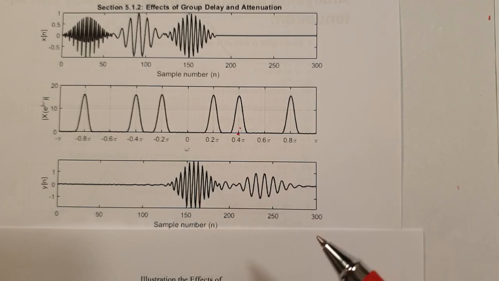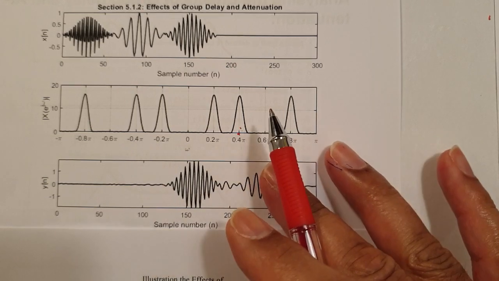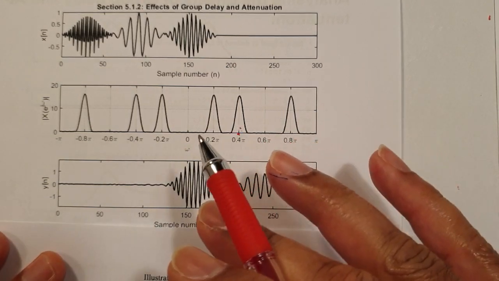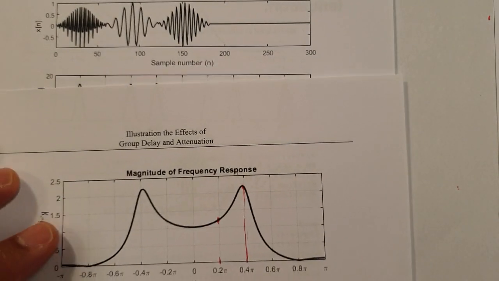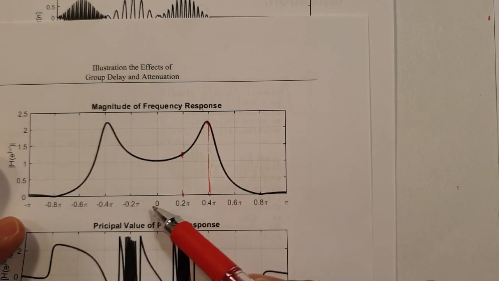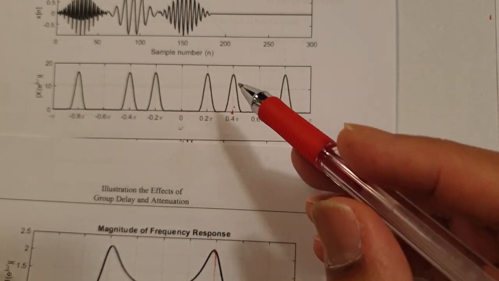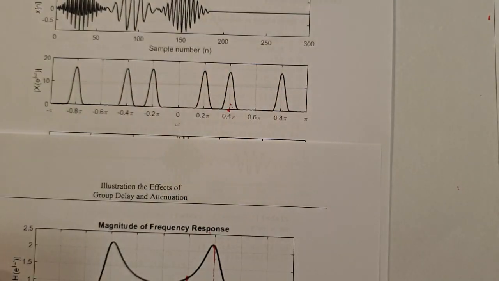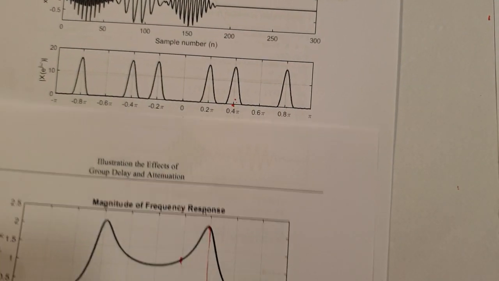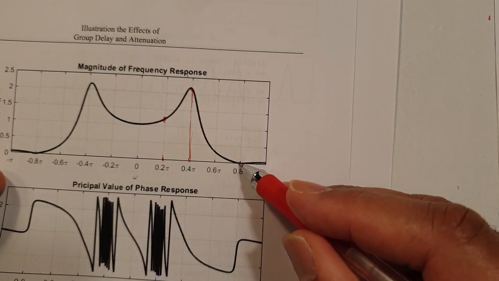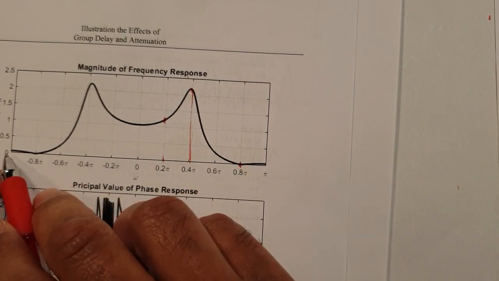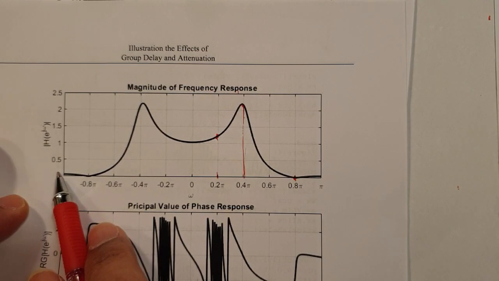Well, that's one thing. So first analyze the frequency response of the system to see who will be allowed to pass and who will not be allowed to pass. Here, then the conclusion was the higher frequency disappeared because the system had a zero at that frequency. See, it goes to zero here.